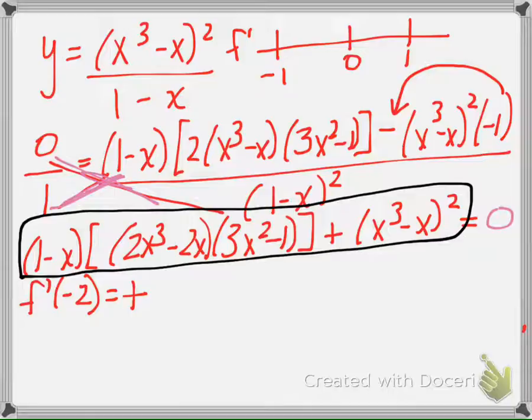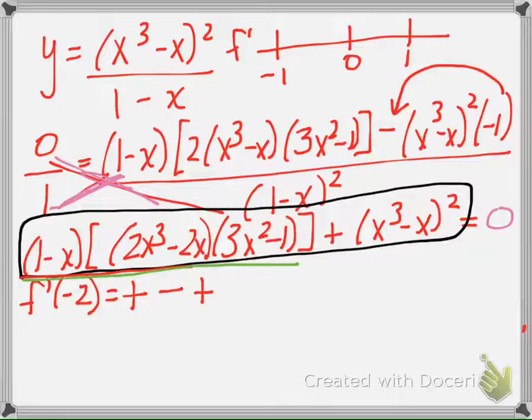The next set of parentheses, if I put -2 in there, I'll get -8 times 2, which is -16, plus 4. That's going to be a negative. And the next one is going to give me 12 minus 1, that's positive. All these signs came from this whole first piece right here.